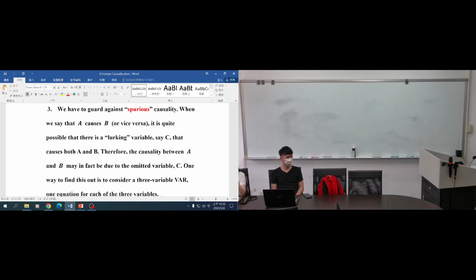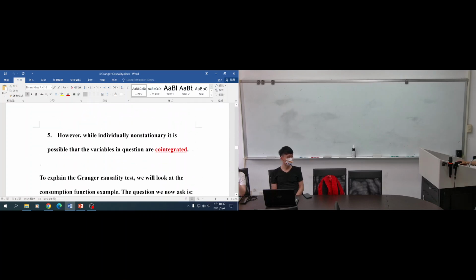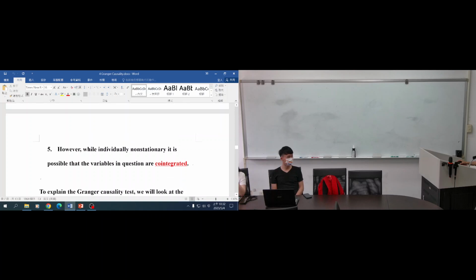Okay? All right. Then number 5 says that there's another situation called co-integrated. Okay, we'll talk about this one too. Let me say a little bit about co-integration. It means that in some situations, maybe X and Y are non-stationary, but together we can test whether they are co-integrated.